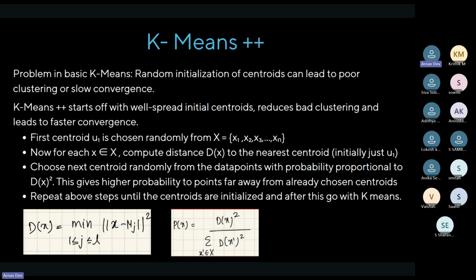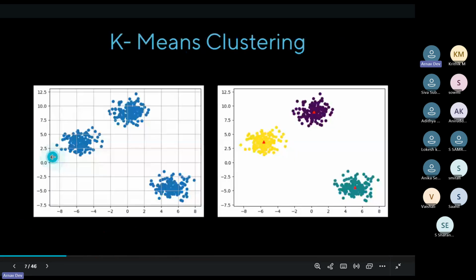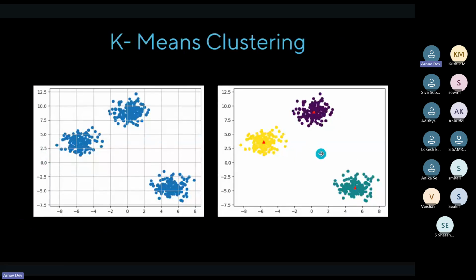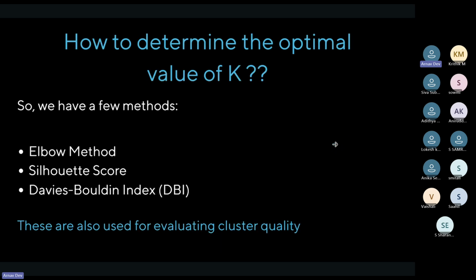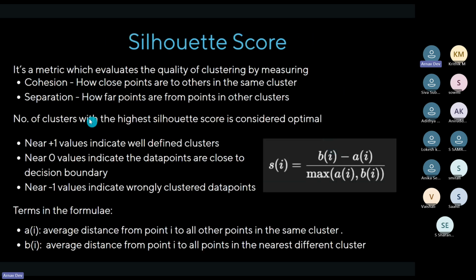This leads to a better initialization. In the actual k-means, if all three centroids are very close to each other, that would be a bad initialization. But in k-means plus plus, we choose the first one randomly, and the other ones are data points taken in such a way that they are away from the existing centroids. So the centroids are not very close to each other and are very spread out, which is something we also wanted in the separation part.